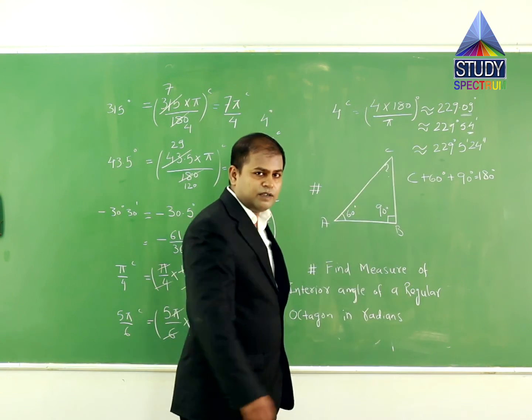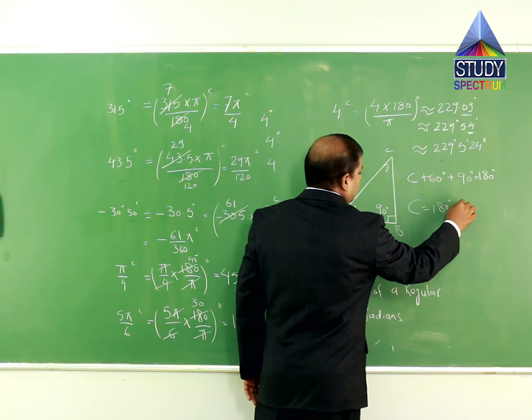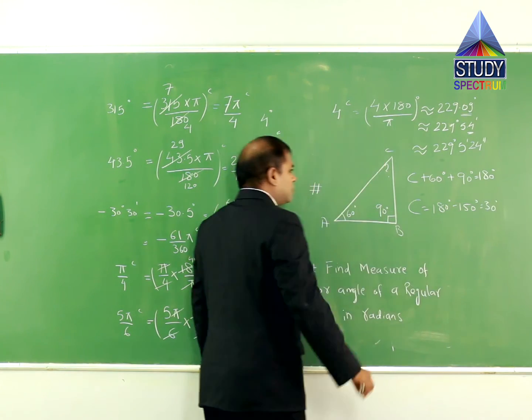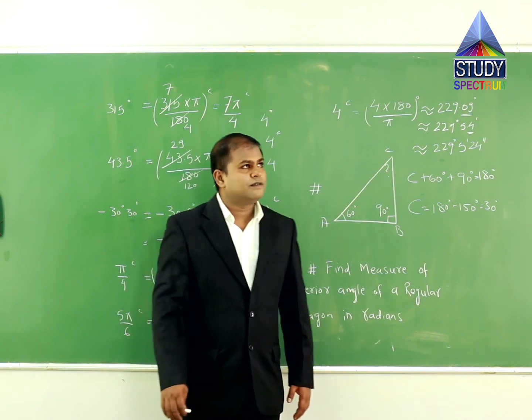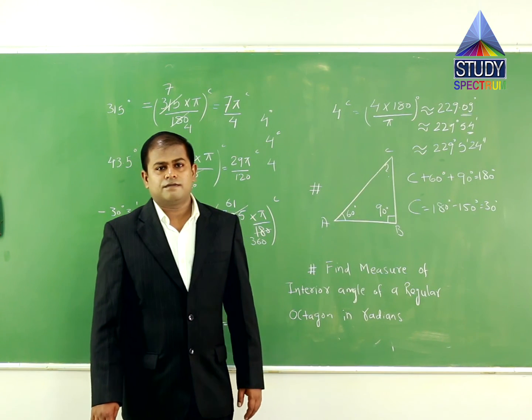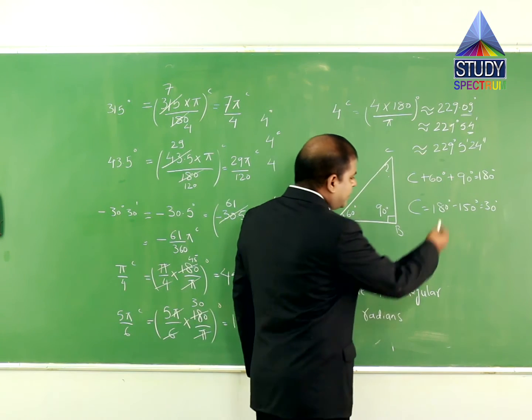Take it on that side. 180 degrees minus 150 is 30 degrees. So the degree measure of angle C is 30 degrees.